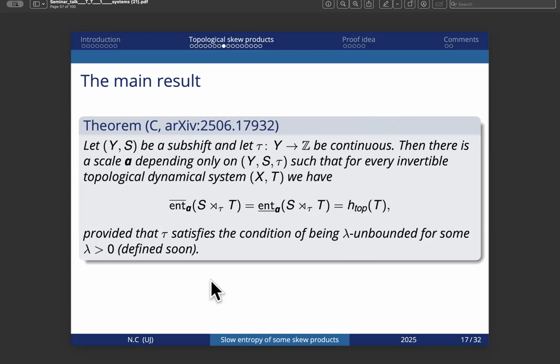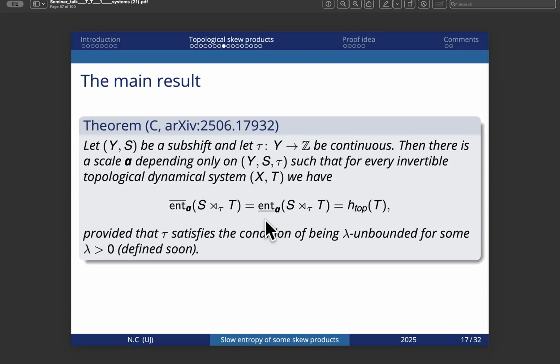You're not saying that your Y has zero entropy? Not necessarily. It could have zero entropy, but it could also not, and this could still be true. You would just multiply your scale with e to the power entropy of Y times whatever you would get otherwise.